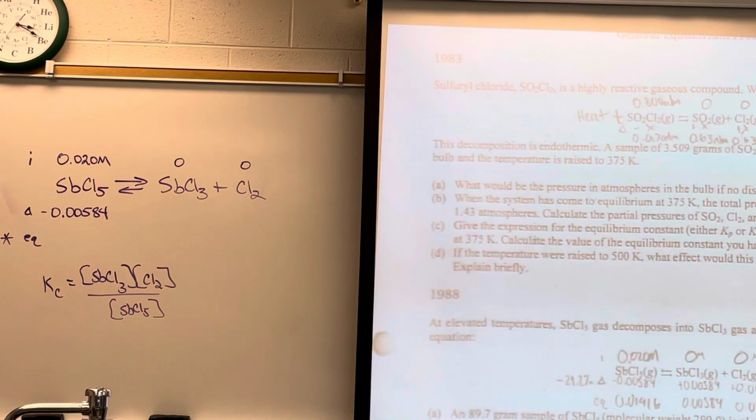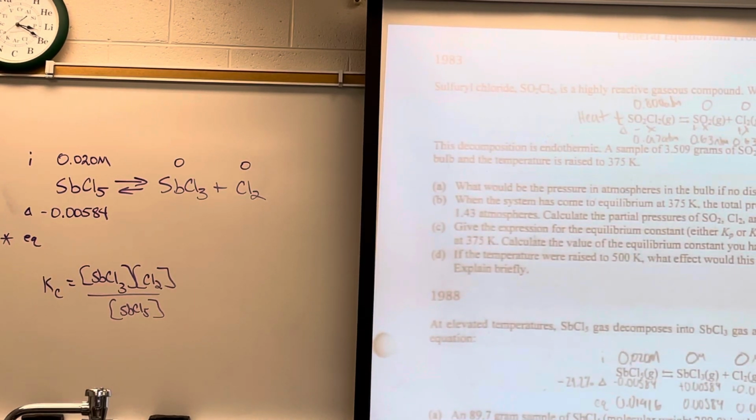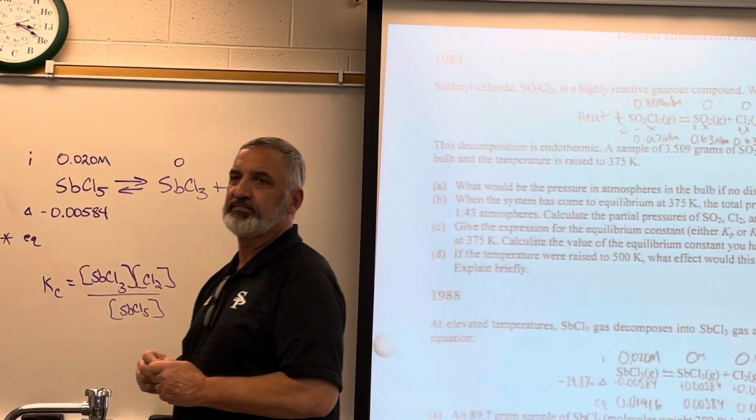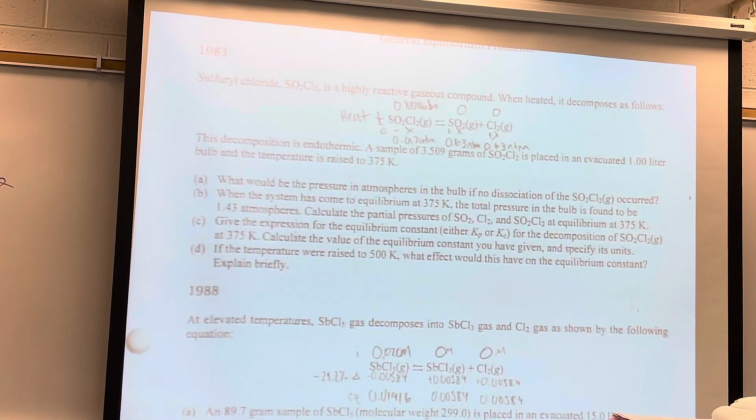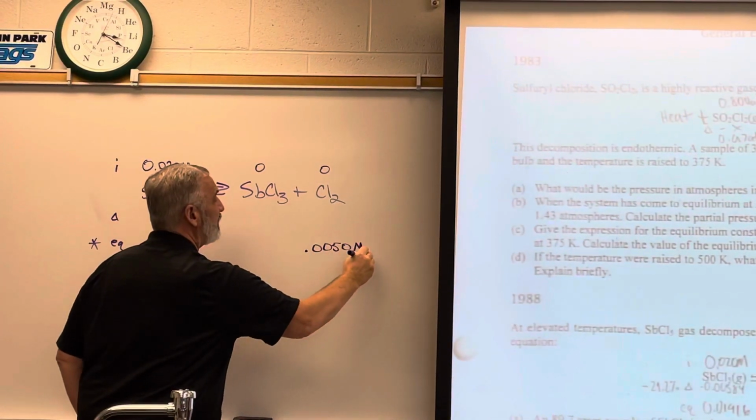All right. So here's another good one. 1983. Now, let me just say one other variation of this. Instead of saying 29.2% decomposed, it could say that at equilibrium there was 0.0050 molar Cl2.